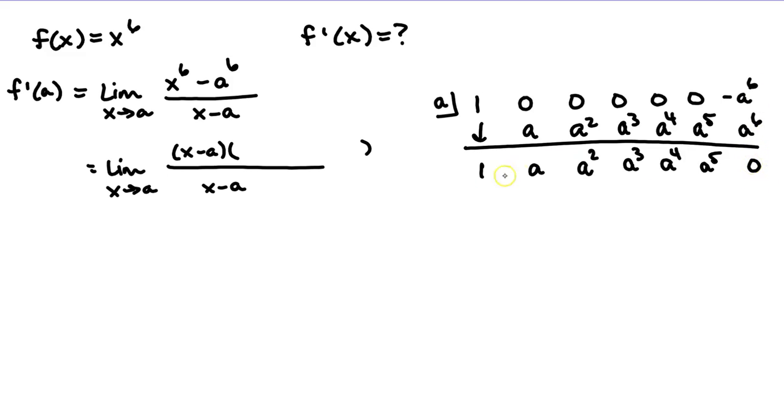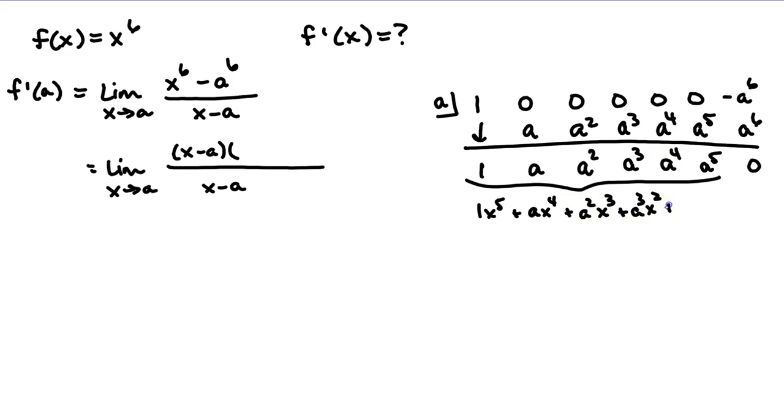That means it did go in evenly, and this other thing here is the other factor. So that would be 1x to the fifth plus x to the fourth. These are the coefficients that occur on the new polynomial, plus a squared x to the third plus a cubed x squared plus a to the fourth x plus a to the fifth.